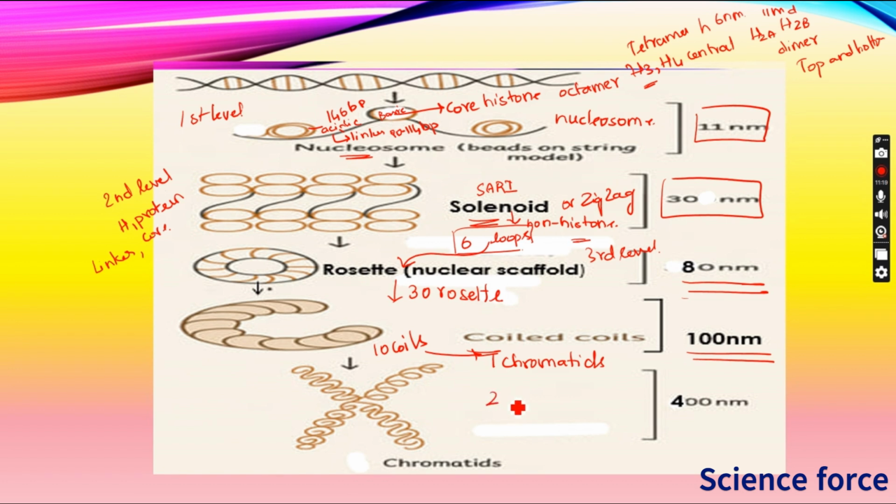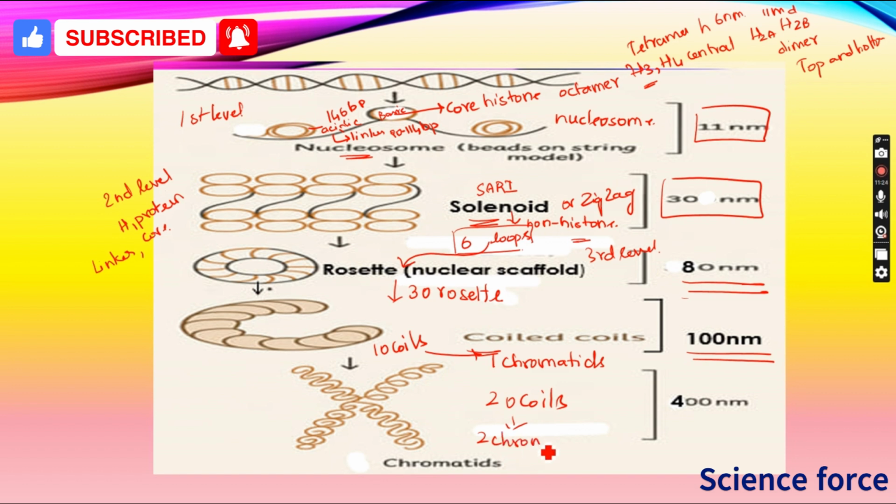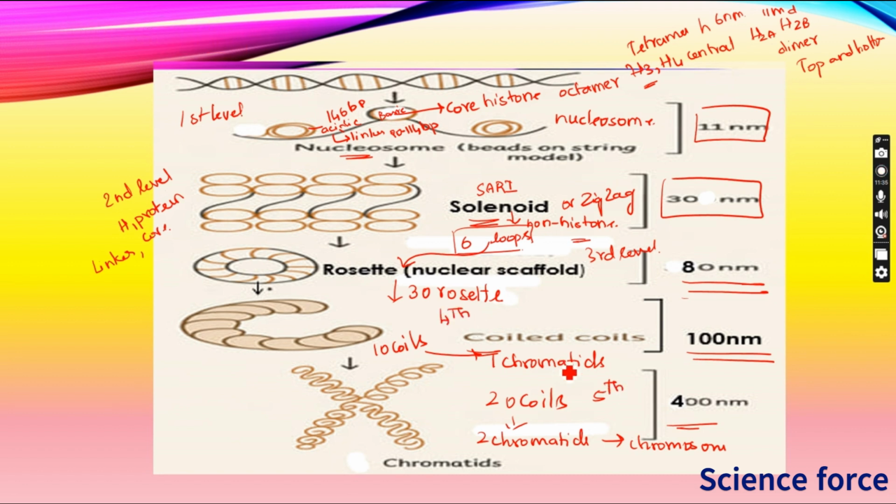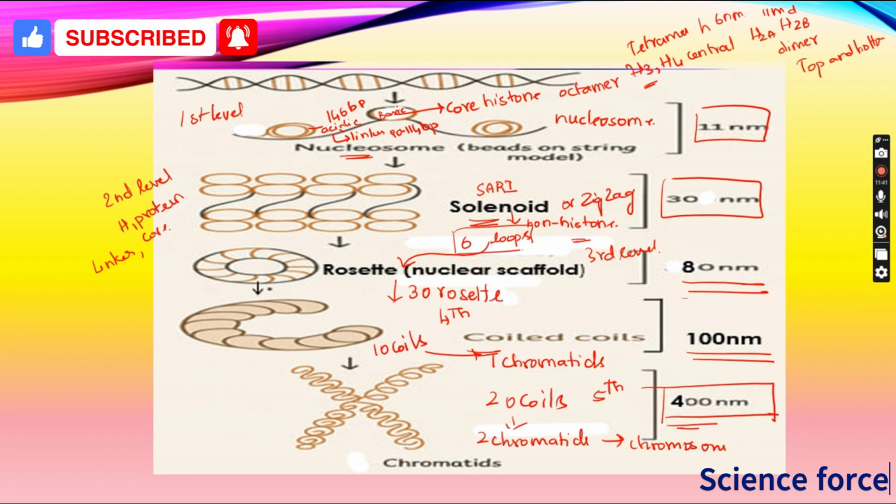Therefore, 20 coils can form 2 chromatids, which is a chromosome. A chromatid is the fifth level of organization. The fourth level of organization is coiled coils. The fifth level of organization is chromatids, which is about 400 nm in diameter. Therefore, it can fit into a 5 μm diameter nucleus. This is the organization of a gene or of DNA.